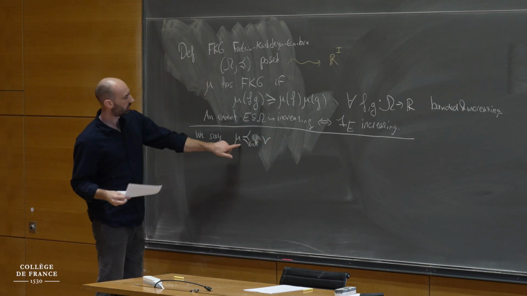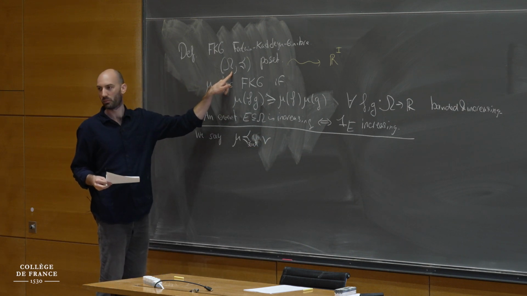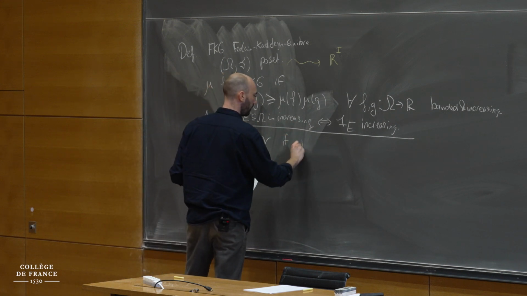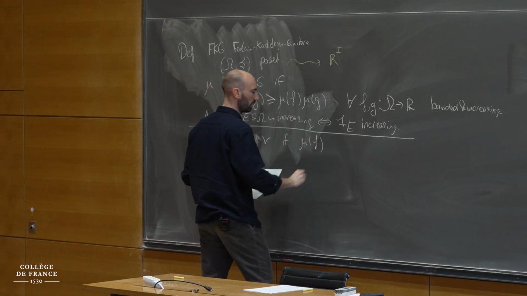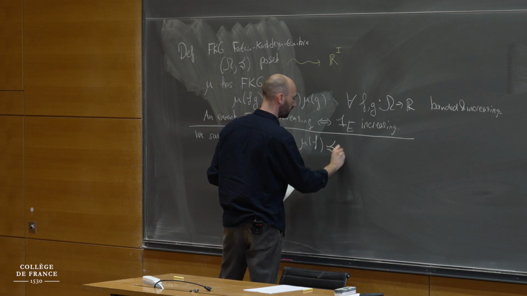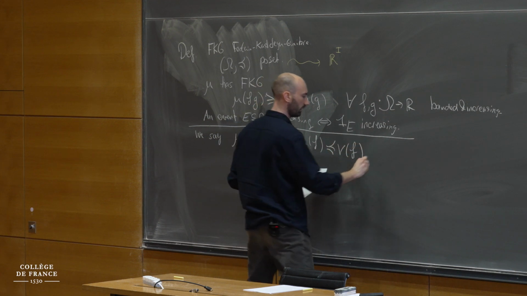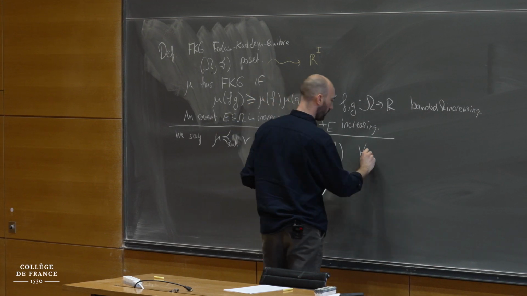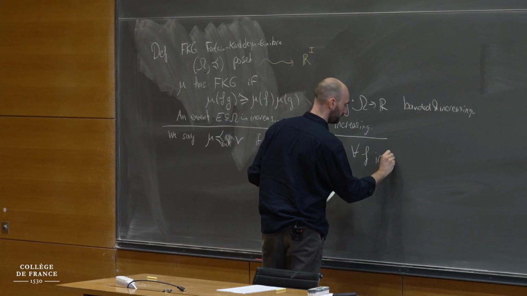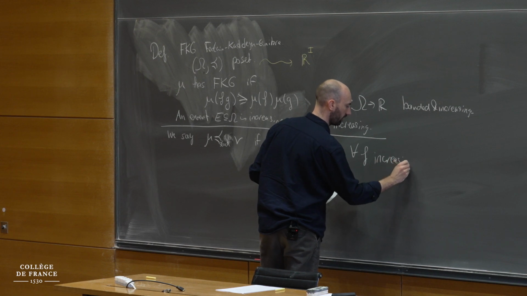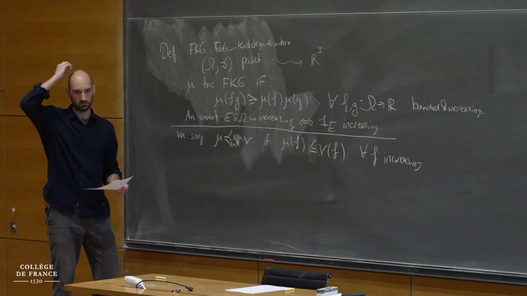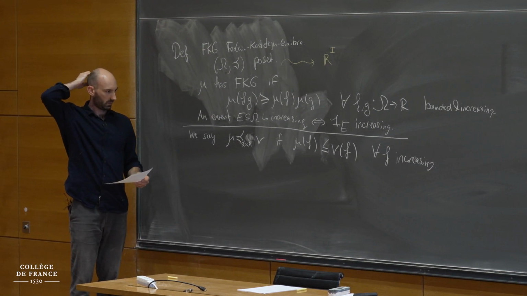Now we consider two measures on the same partially ordered set, if mu of f is always below nu of f for all f increasing.